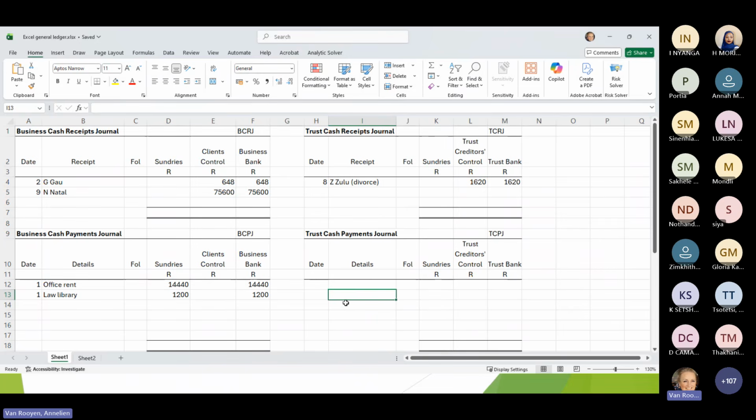Receives a deposit from Seacape. Trust. It's a transfer. Everybody happy with trust? It's a deposit like we had with Zulu for his divorce case. It's the same thing. It's a deposit. And it's contracts. And it is 3432.